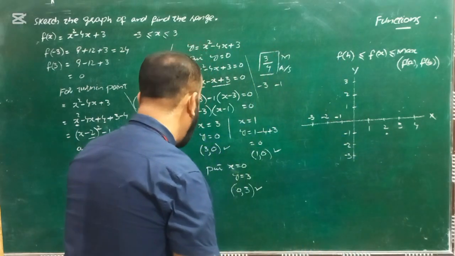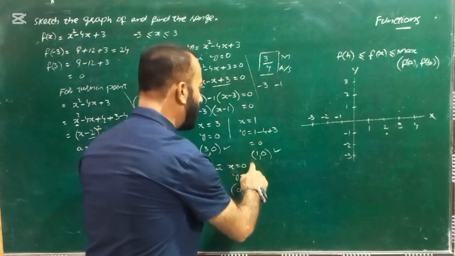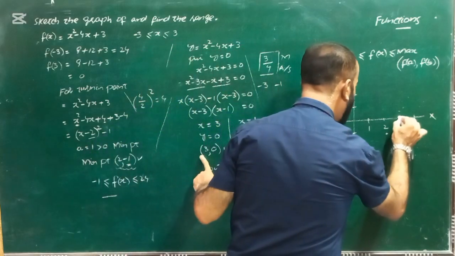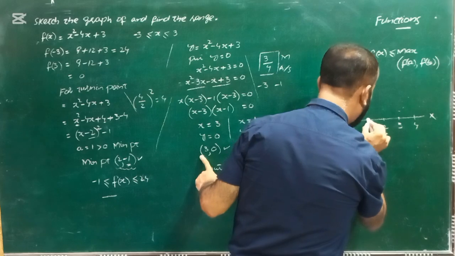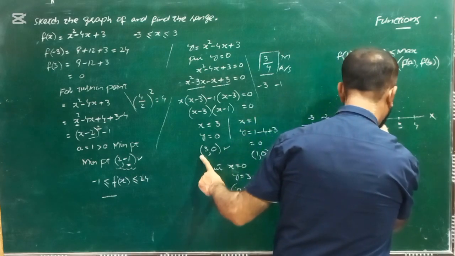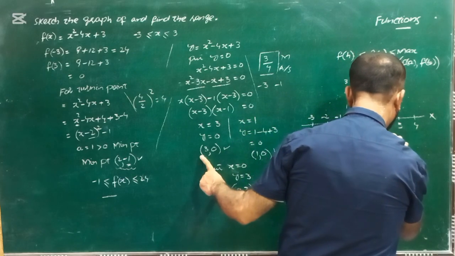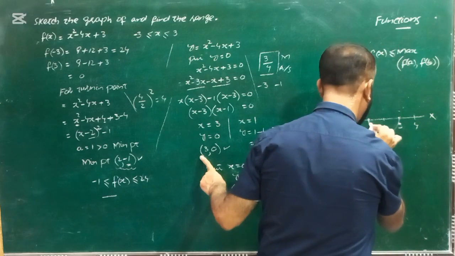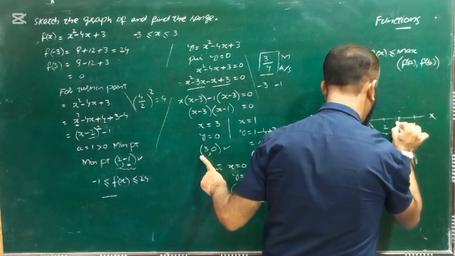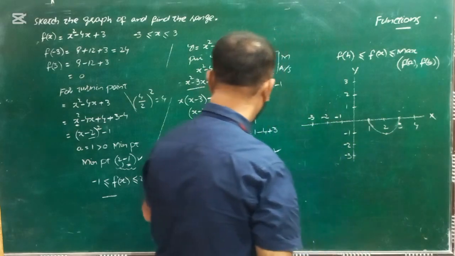Okay, next on the x-axis, 3, 0 and 1, 0. So this is the point 3, 0 and this is the point 1, 0. So with the help of this, you will draw the path of the curve. So this is the path of the curve, which is drawn with the help of these 3 points.